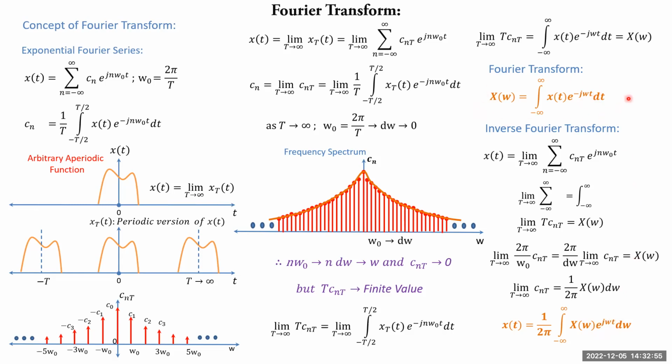That's the only difference between the Fourier transform and inverse Fourier transform relations, and there is one constant, 1 by 2 pi, which is due to omega being equal to 2 pi f. So whenever it is integrated with respect to f, the 2 pi will get cancelled. Otherwise both formulations are nothing but the dot product of two variables.